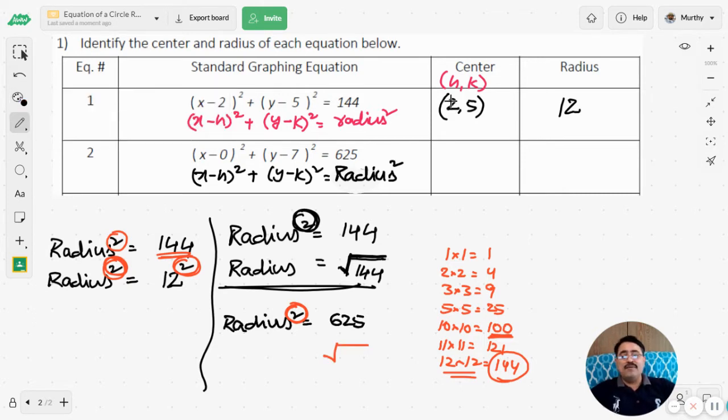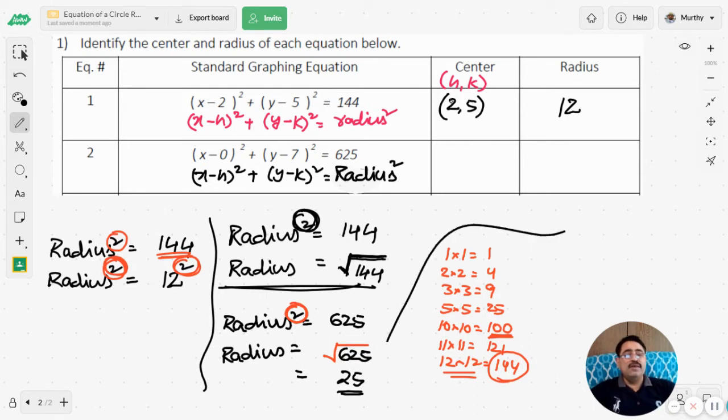Therefore, the value of radius equals square root of 625. Make use of a calculator, you should get 25. Therefore, the radius value 25 goes here, and you compare: x matching, negative sign matching.